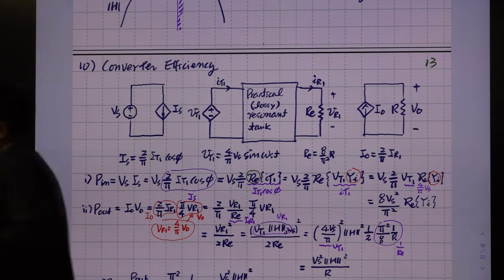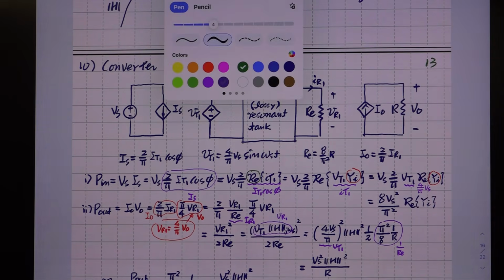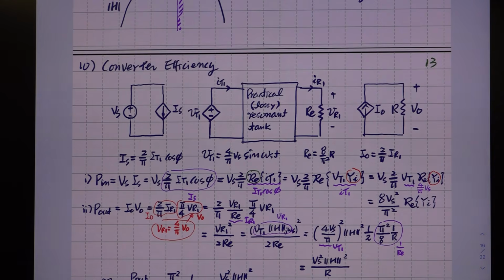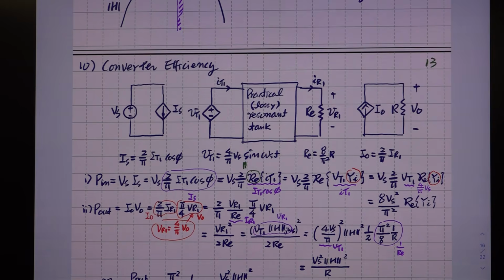Okay. So RE, I don't want to go through all the details. This one is very, very simple. You can figure that out later on. This RE means what? This means real part of something.